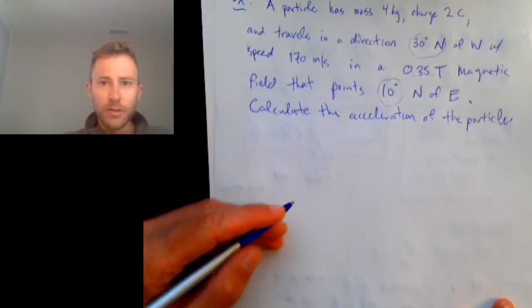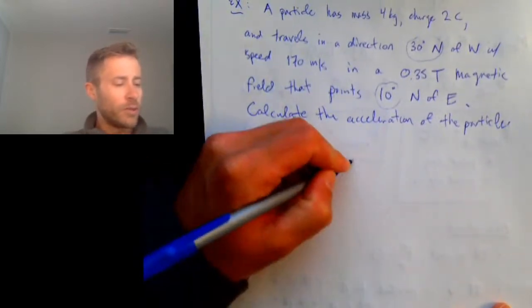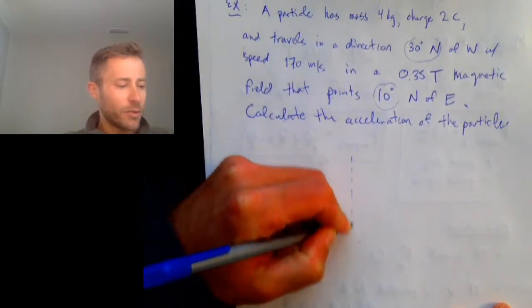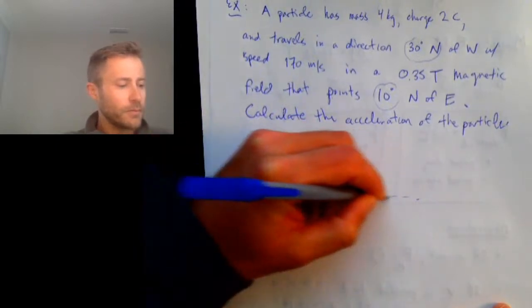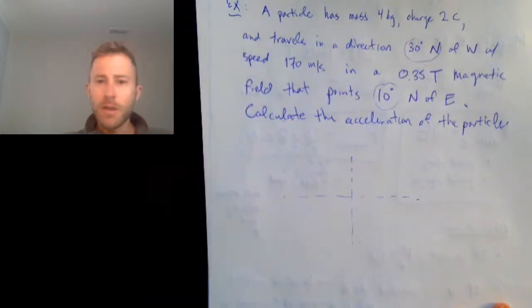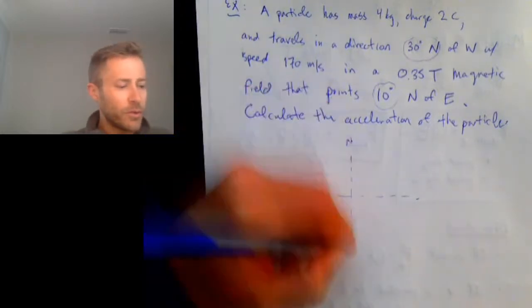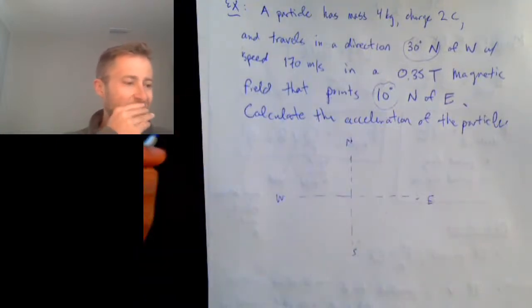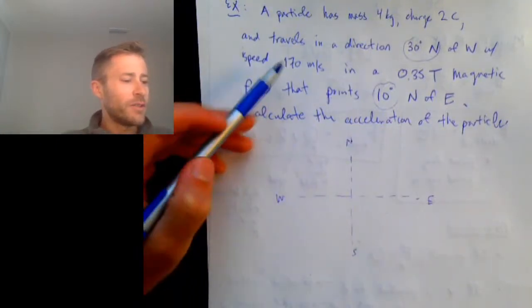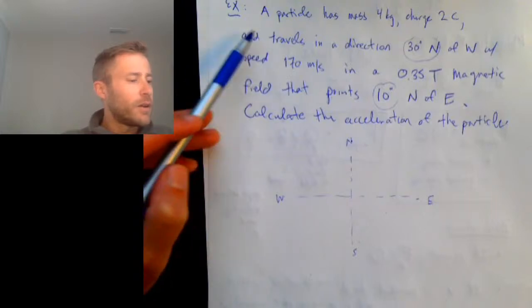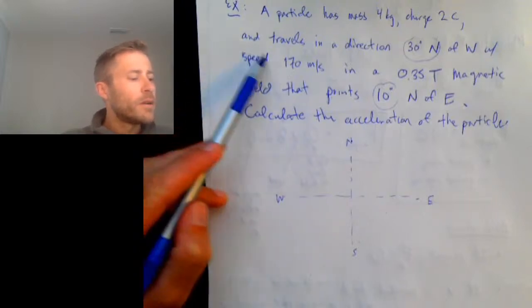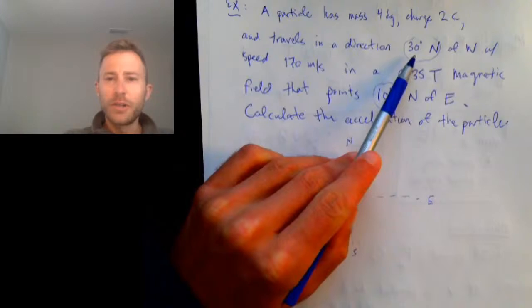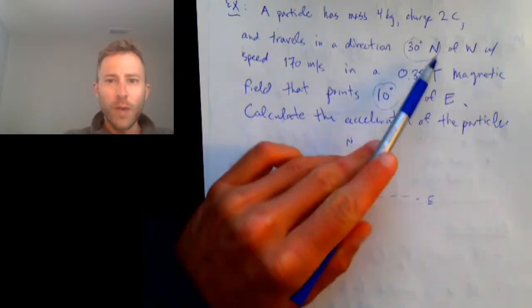Okay, so what I'm going to do is draw out my compass rose. So we have north, south, west, east. And then my velocity is in a direction 30 degrees north of west.